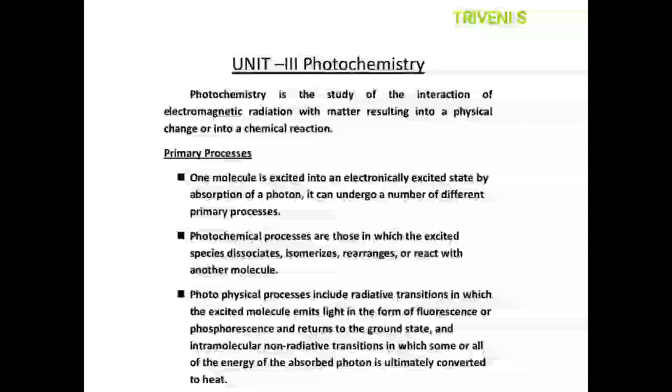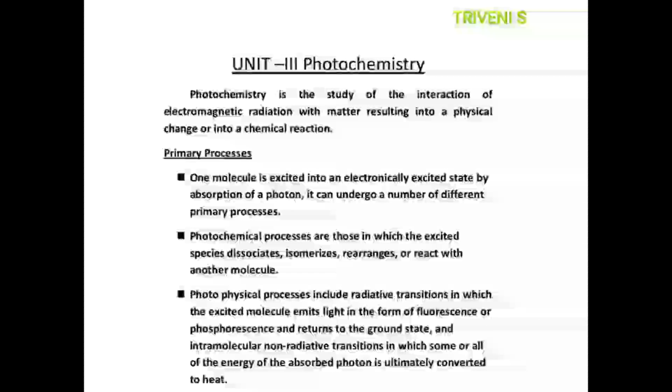Then let us discuss the process. There are two processes that take place in photochemistry. First one is primary and next one is secondary process. For the primary process, one molecule is excited into an electronically excited state by the absorption of a photon, and it undergoes a number of different primary processes. Photochemical processes are those in which the excited species dissociates, isomerizes, rearranges or reacts with another molecule.